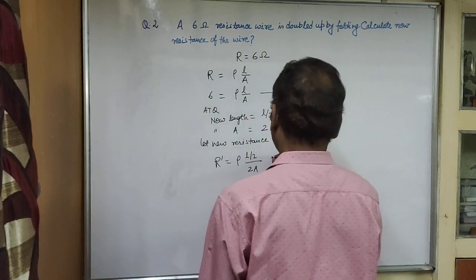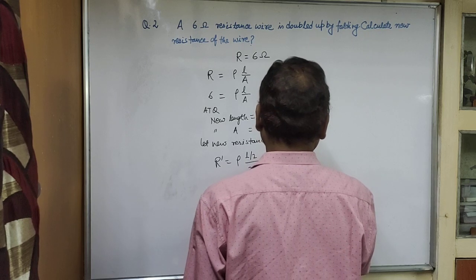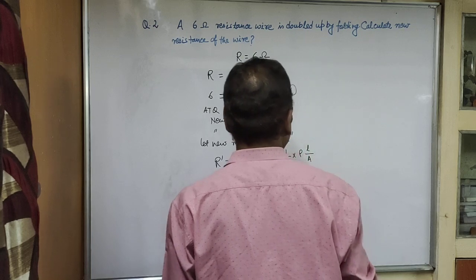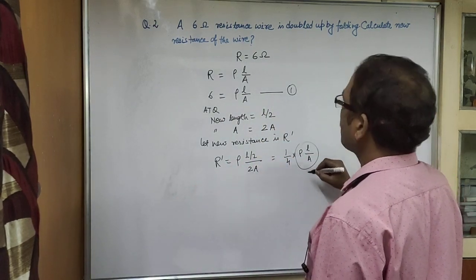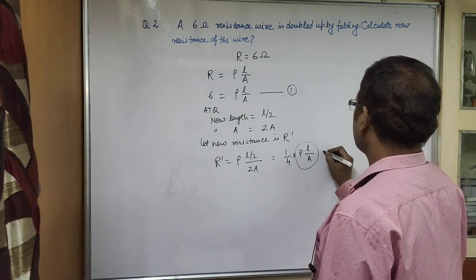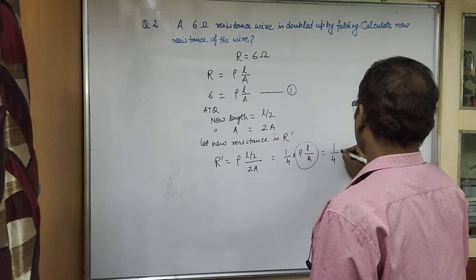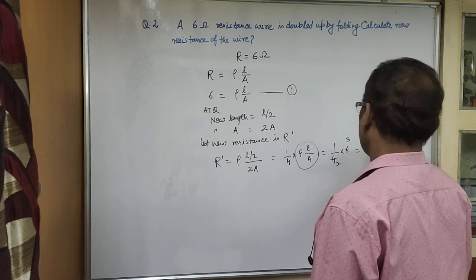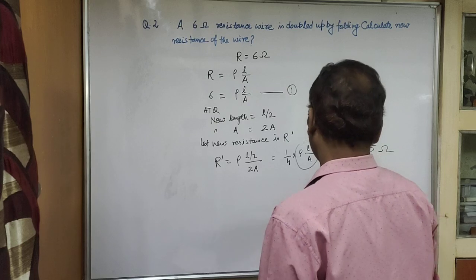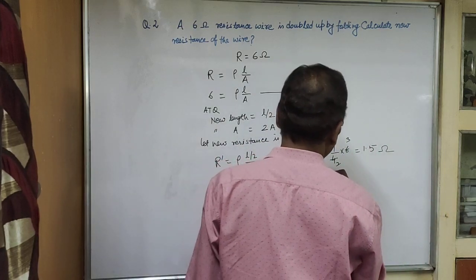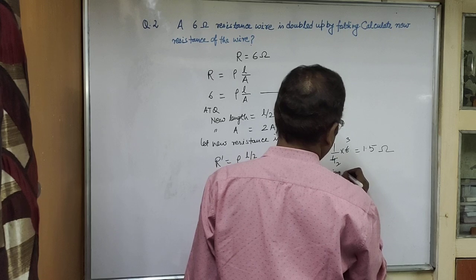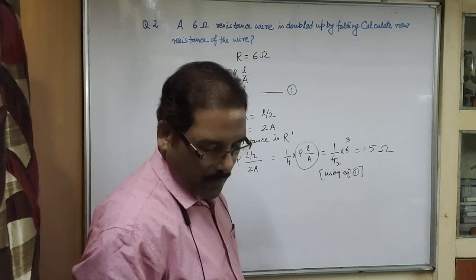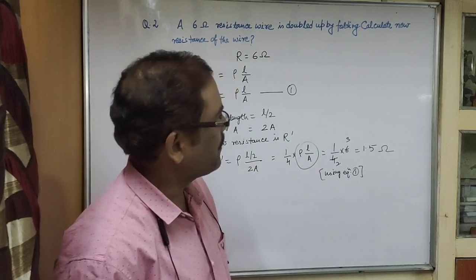So further this can be written as 1 by 4 into rho L by A. Now this rho L by A is equal to 6 using equation 1. So 1 by 4 into 6, that is 1.5. So the new resistance will be 1.5 ohm.